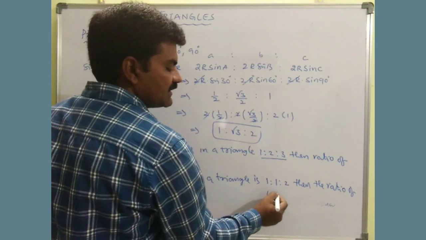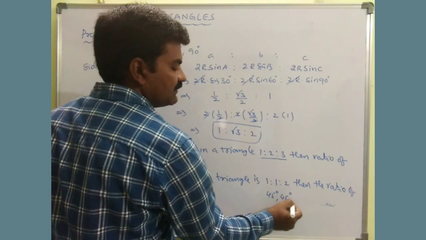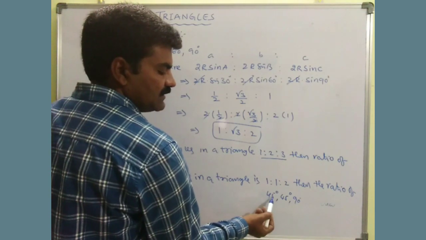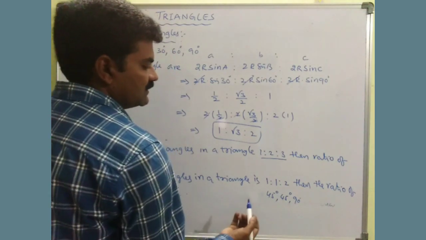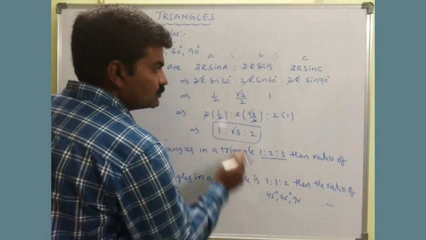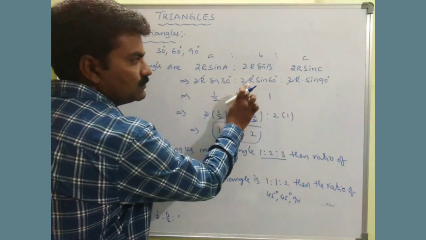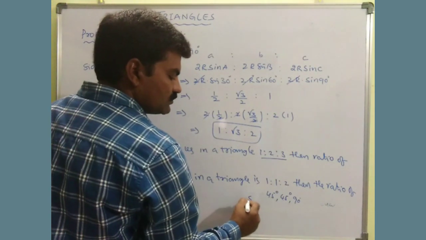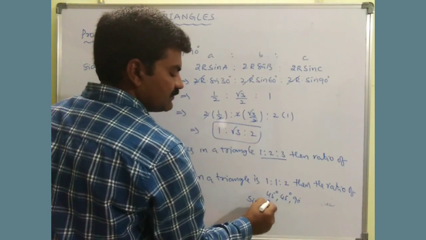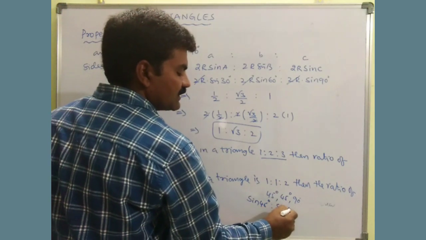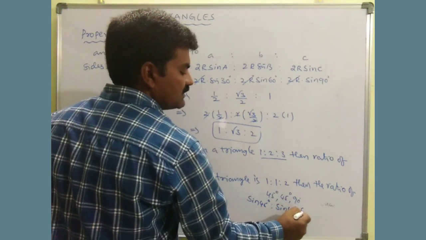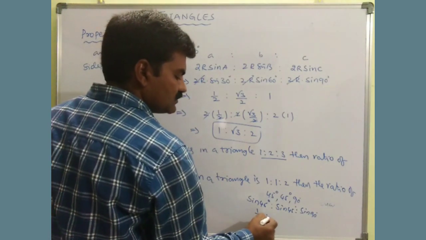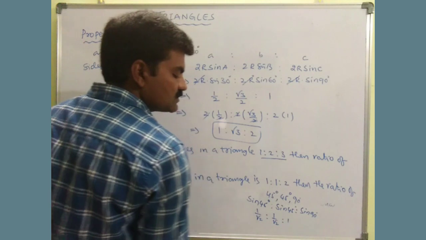Similarly here also you can go for it. Here the angles you can treat as 45, 45 and 90 degrees. If you cancel 45, it is one time and 2 times. Now the ratio is very simple, no? 2r sine 45, 2r sine 45, 2r sine 90. Anyhow 2r gets cancelled, then it is sine 45 is to sine 45 is to sine 90. Sine 45 is 1 by root 2, again 1 by root 2, is to 1.